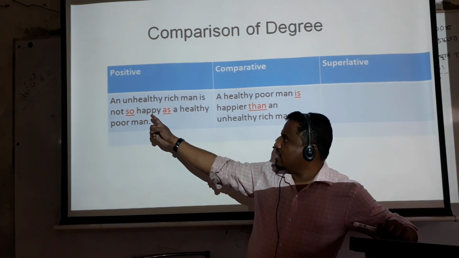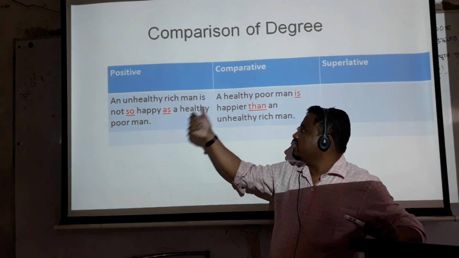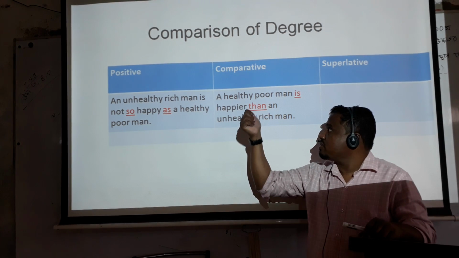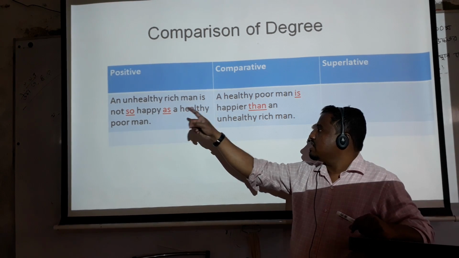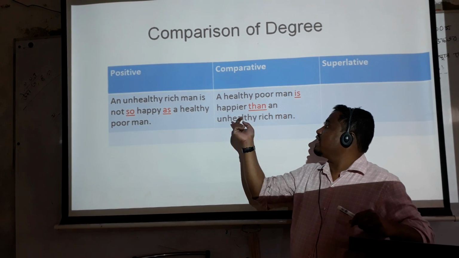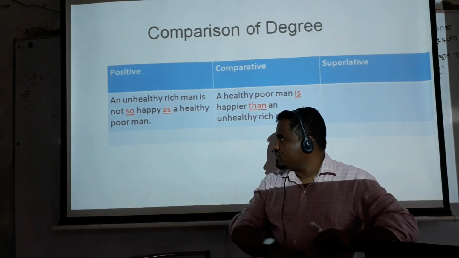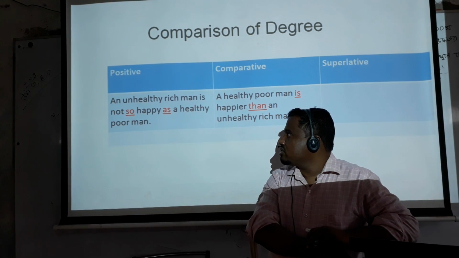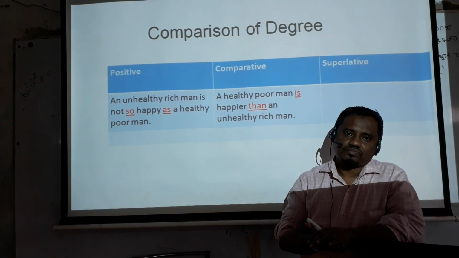Then the positive form of happier is happy, and in place of than, you have to use as, and then the last subject, a healthy poor man. So the answer is, an unhealthy rich man is not so happy as a healthy poor man.